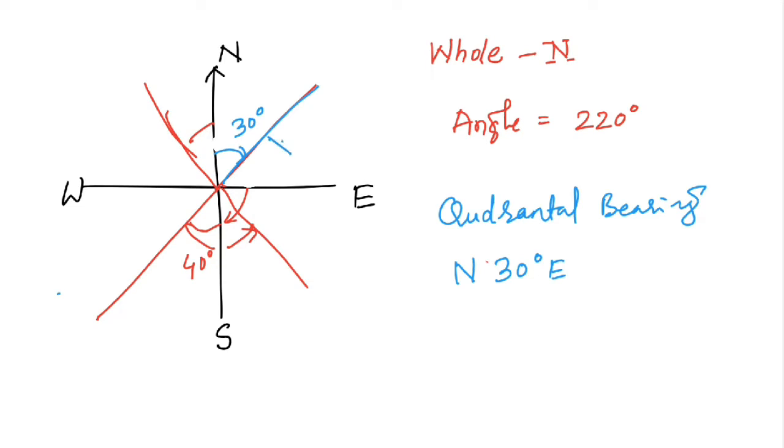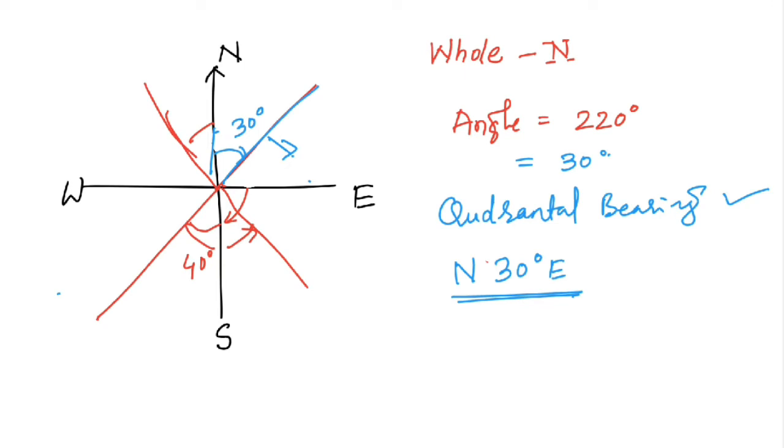So it is towards the east. So if it is towards the east, that means it is in between north and east. In that case we'll be writing north 30 degree east in the quadrantal bearing system. Whereas when it comes to the whole circle bearing system, it will be only 30 degree.